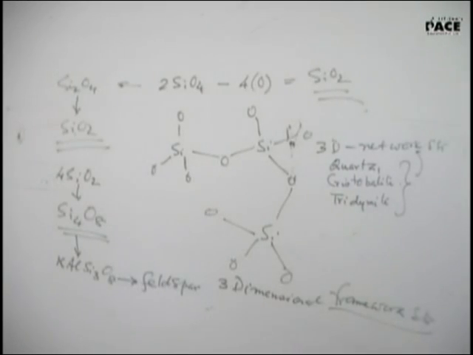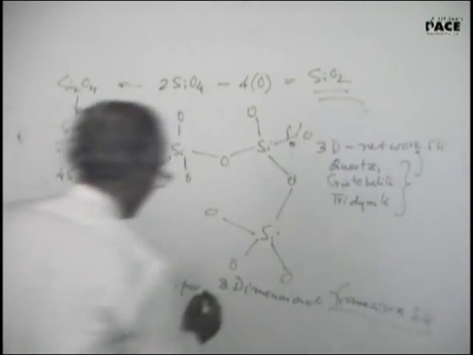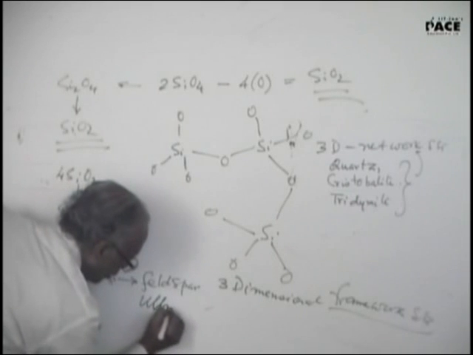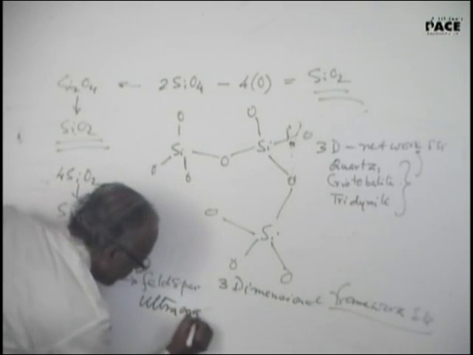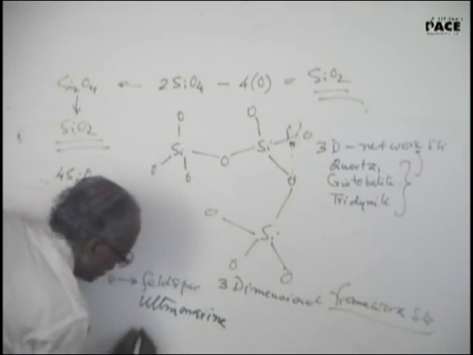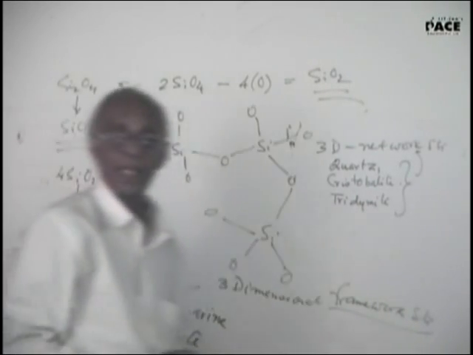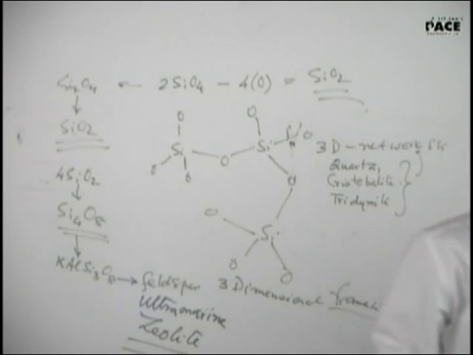In the quartz structure, when you replace one silicon by aluminium, then you get a three-dimensional framework structure. And this structure is present in feldspar, ultramarine, and zeolite. This is the material which I will discuss with you. It's a wonder material, zeolite.